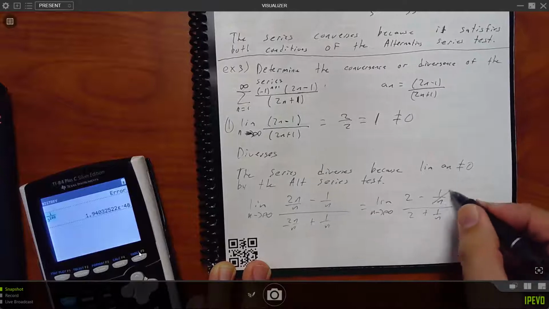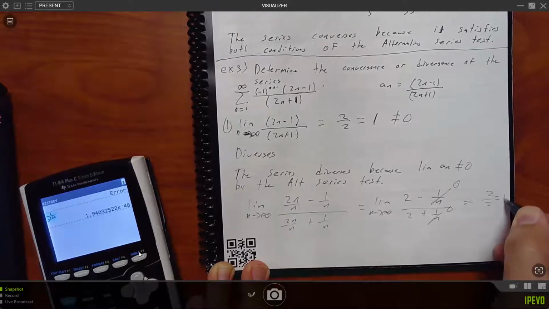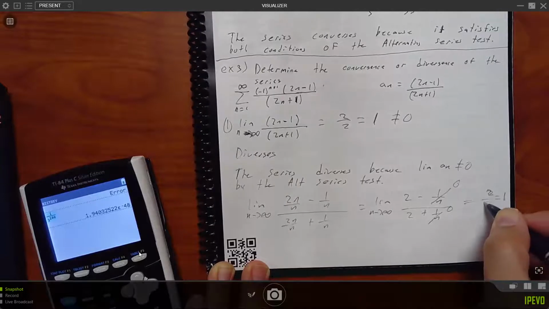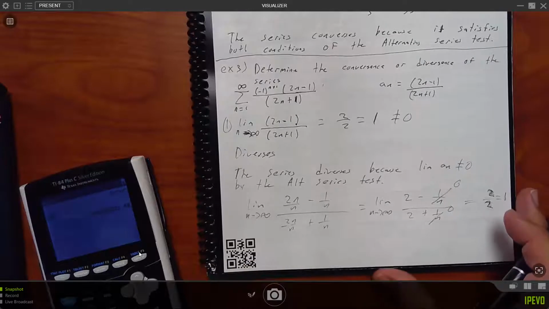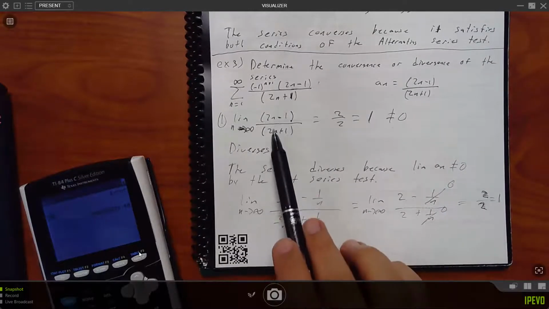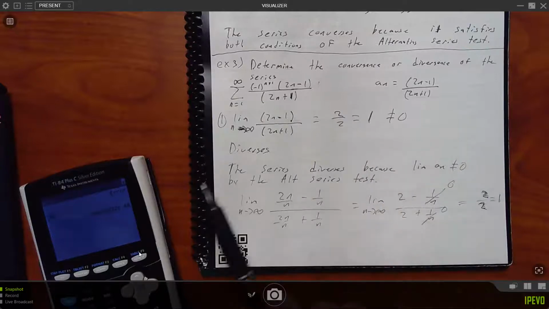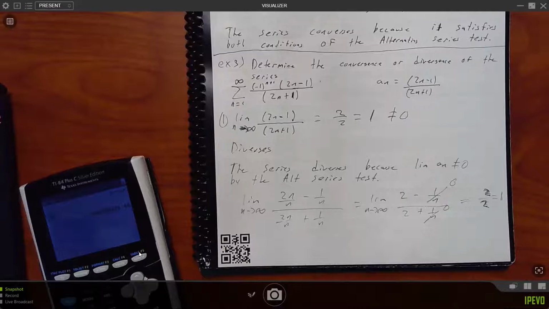So then these would go to 0, leaving me with 2 over 2. That's what we used to do at the beginning of Calculus 1. But after a while, we started to notice that when they're the same degree, just divide those numbers. You don't have to show this anymore, unless you want to.